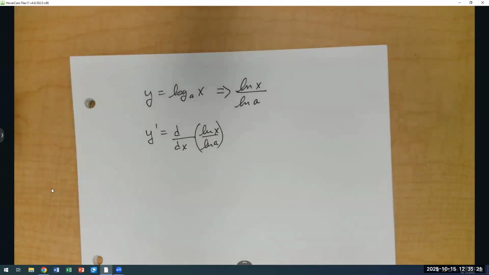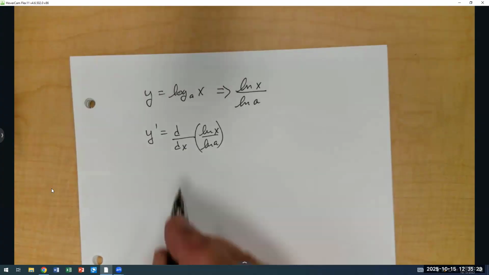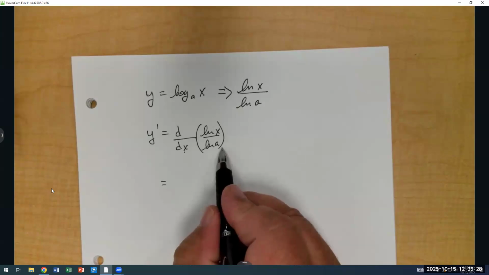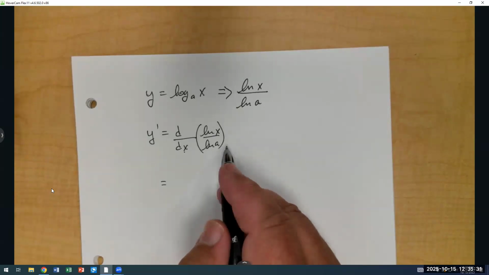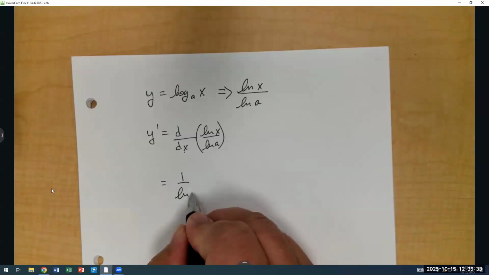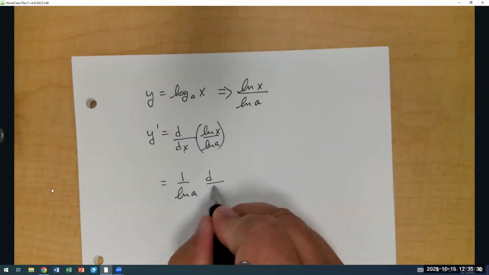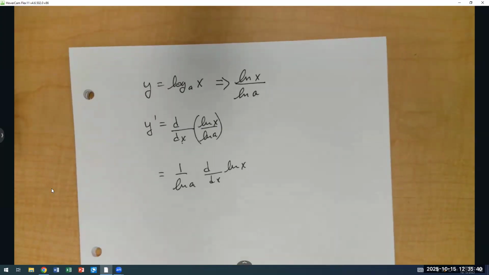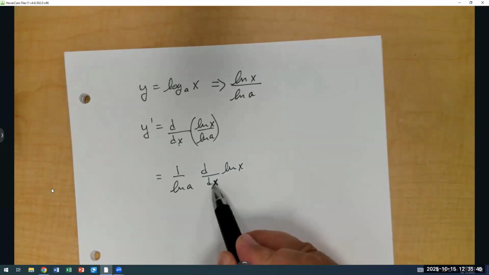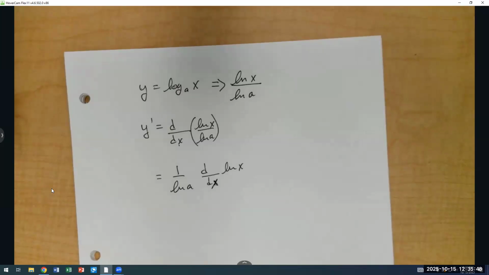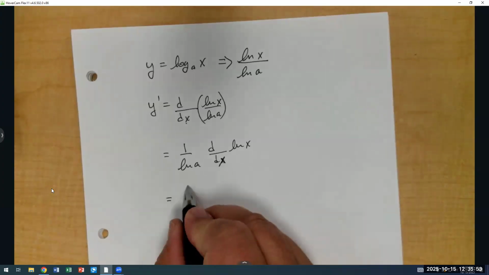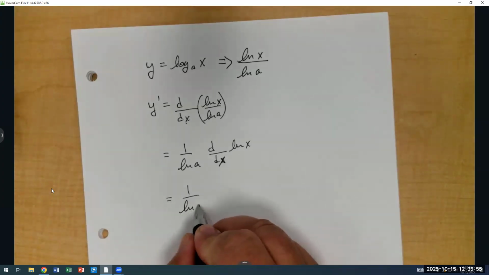You see the simplicity of it now? The derivative with respect to x. Is a a function of x? No, it's a constant, so we can bring that out in front. So all we're looking for is the derivative of ln x, because we're only taking derivatives with respect to x. So we have 1 over ln a.